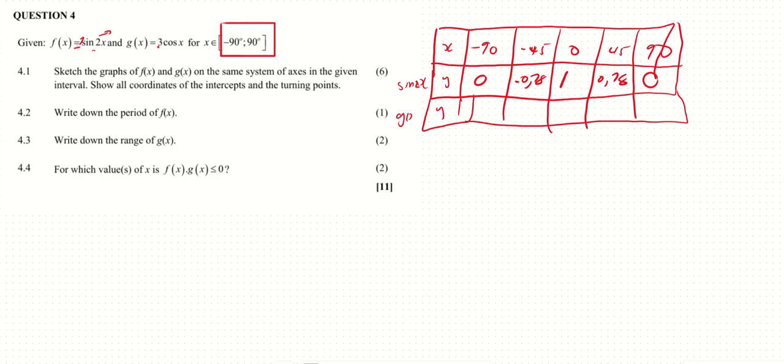For now, I'm going to use 3 cos negative 90, which is 0.